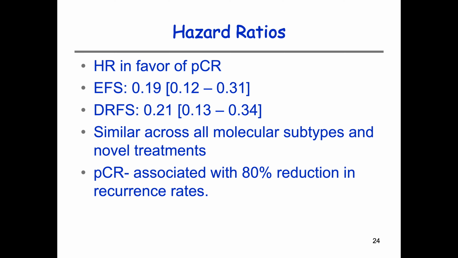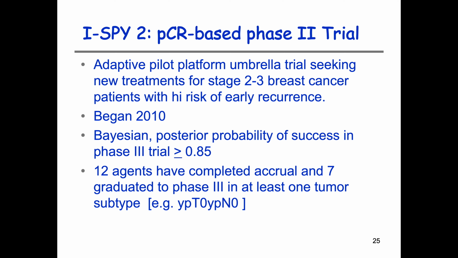And this was similar across all molecular subtypes, which now can be considered in 2020. That was all experimental back in 2014, and novel treatments got into this analysis. And PCR is associated with an 80% reduction in recurrence rates. Lots of evidence for PCR.